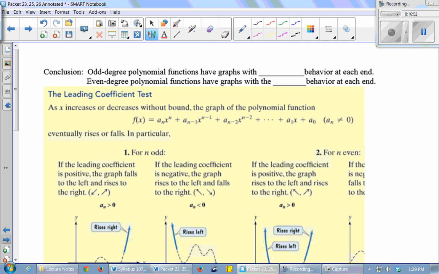For an odd degree polynomial, so that means if its highest exponent is odd, we have graphs with different end behavior at each end, right? One end goes up, one end goes down. For an even degree polynomial function, we have graphs with the same end behavior, both arms up or both arms down.